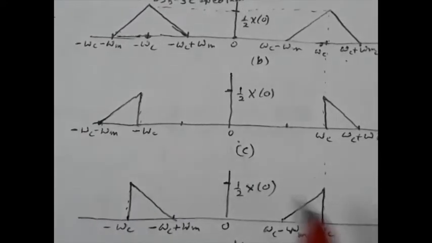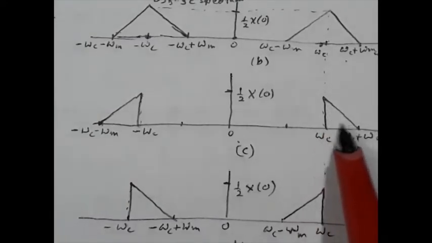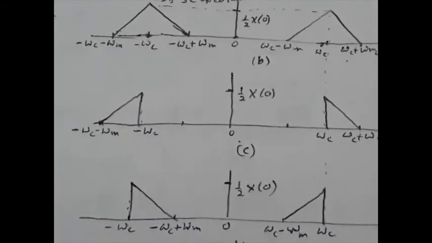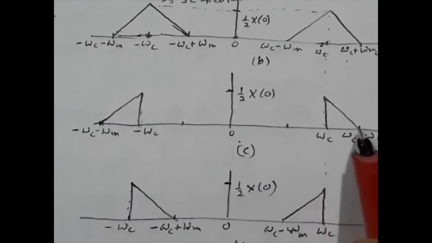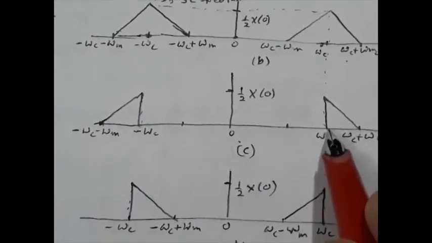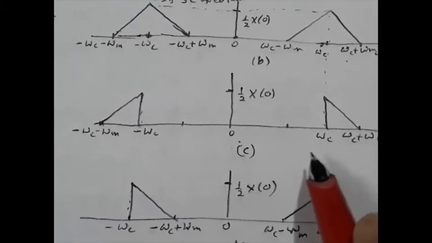First of all, wastage of power is absolutely zero, since we are sending only one sideband, so all the power is going to that one sideband. At the same time, the bandwidth problem, that is the enhancement of bandwidth, is now reduced. Now the bandwidth becomes the same as that of the baseband signal.